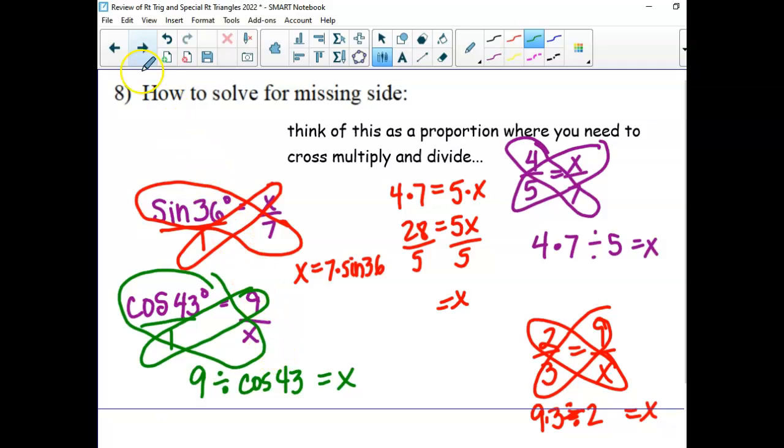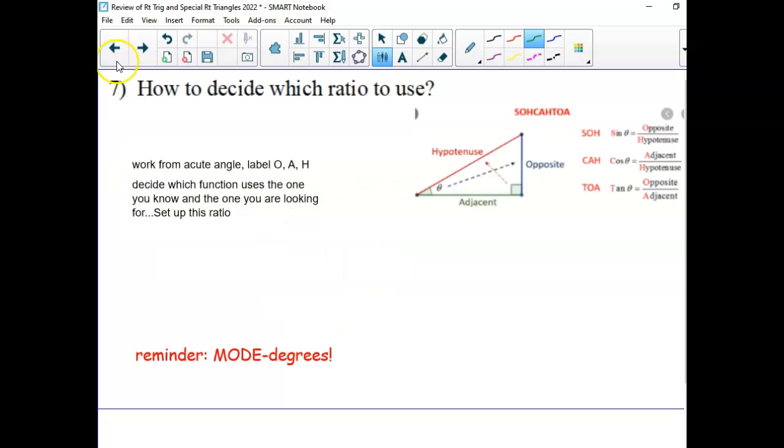All right, I'll show some steps as we go and see if you can get this down to shorten a little bit. So this is what we're going to do. You may want to write a couple of these steps down if this is feeling uncomfortable to you. Most of you have seen this and you remember, but if it's feeling uncomfortable, you always work from an acute angle, and I would suggest you first label the sides from that acute angle, O, A, and H. Then you decide which function you're going to use.